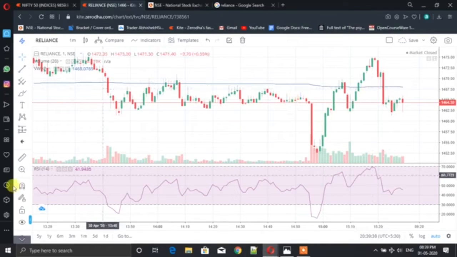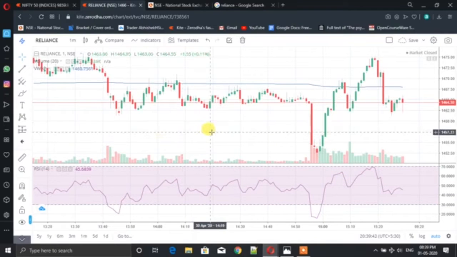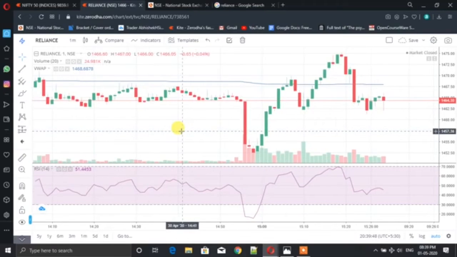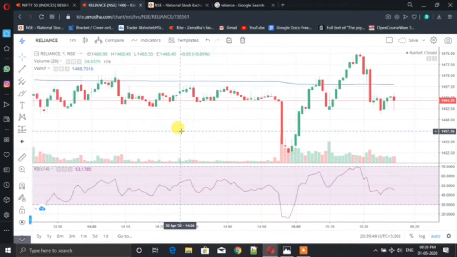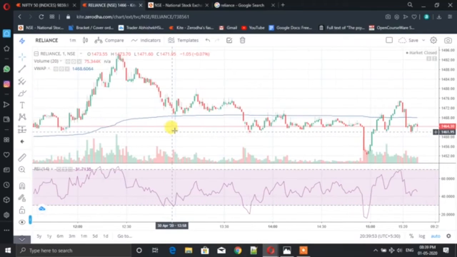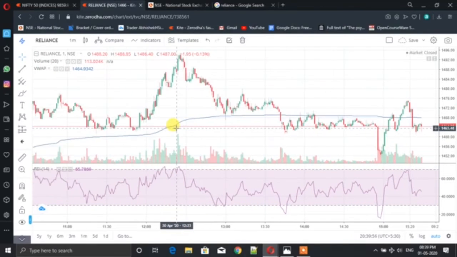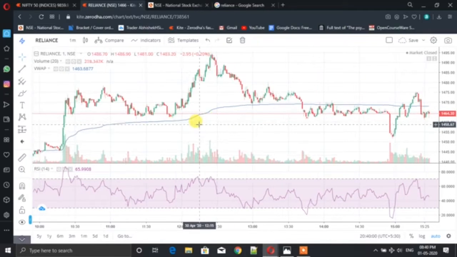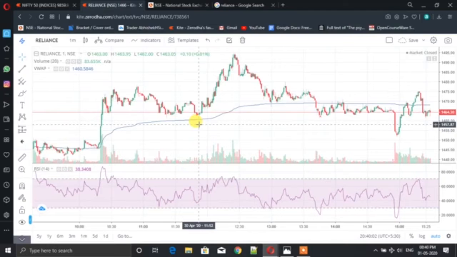This is the VWAP line and this is the RSI indicator at the bottom. So let's zoom out a bit.